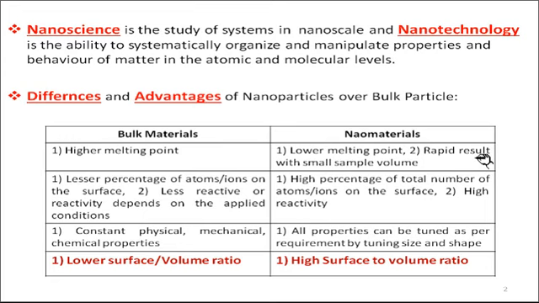Another special feature of nanomaterial is that the percentage of total number of atoms or ions on the surface of a nanomaterial is always high compared to the bulk one.